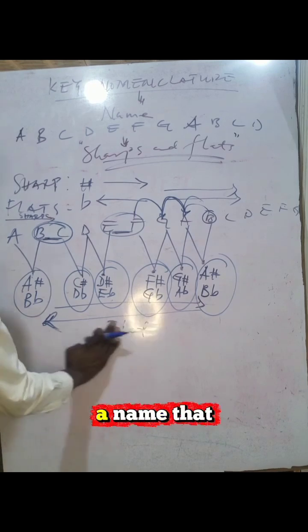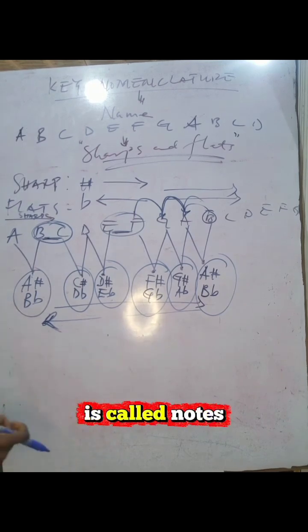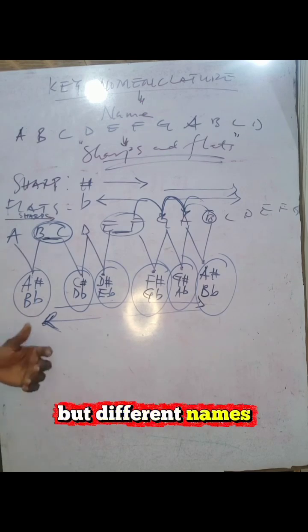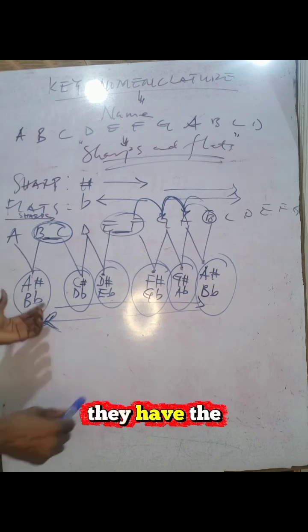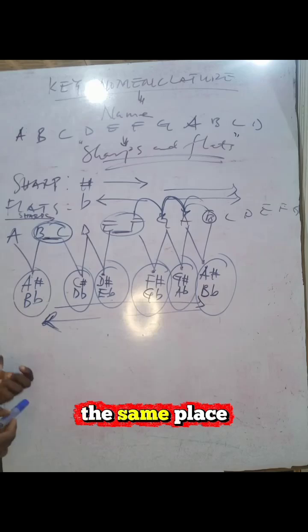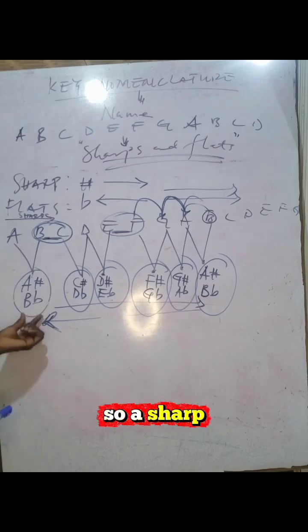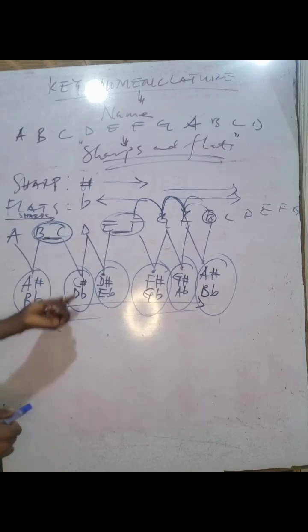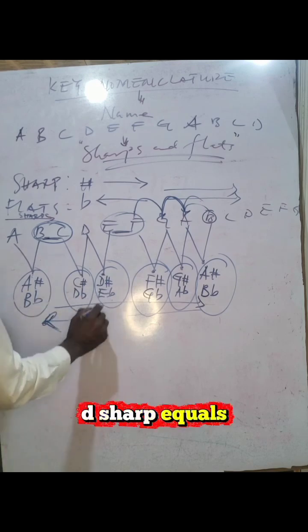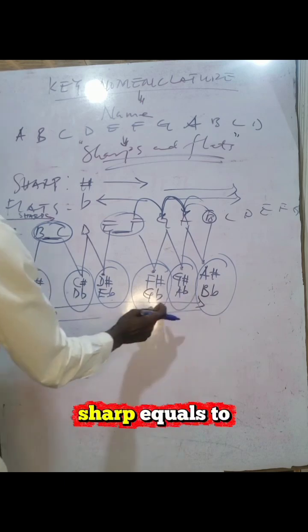So there is a name that is called notes that have the same sound but different names. They have the same sound because they are positioned at the same point, at the same place. So A sharp equals B flat, C sharp equals D flat, D sharp equals E flat, and like that. F sharp equals G flat.